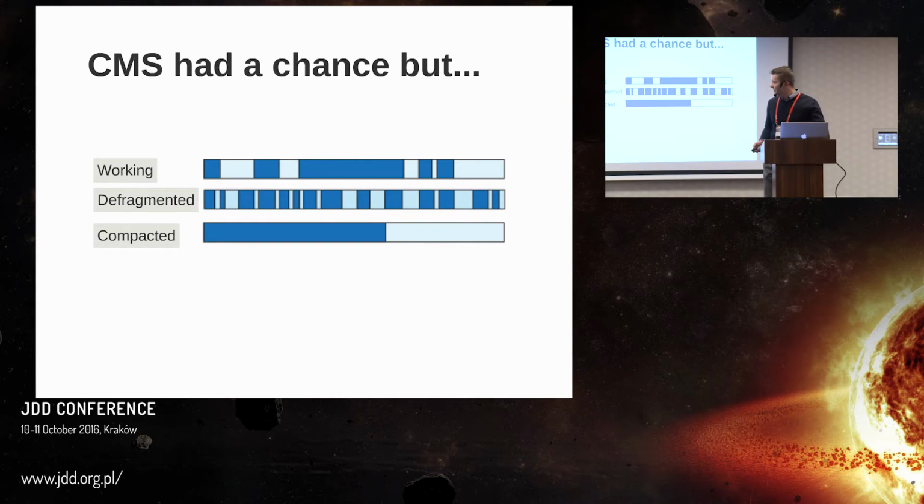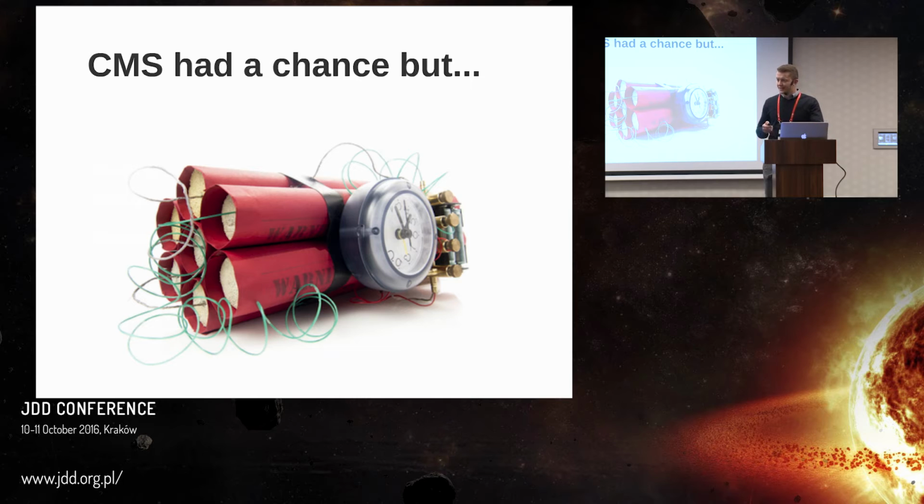Because once the old generation is fragmented, it will need to run a full garbage collection cycle to compact the old generation. And this is like a bomb because it can take seconds or even minutes when you have heap, let's say, bigger than 10 gigabytes. When you have heap like 64 or 128 gigabytes, then this will take minutes.